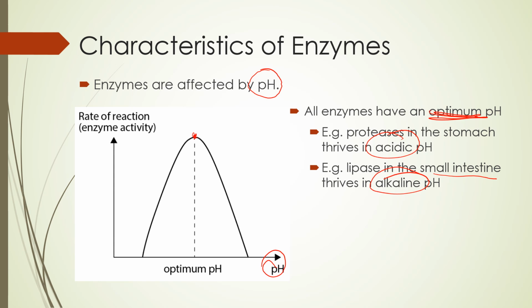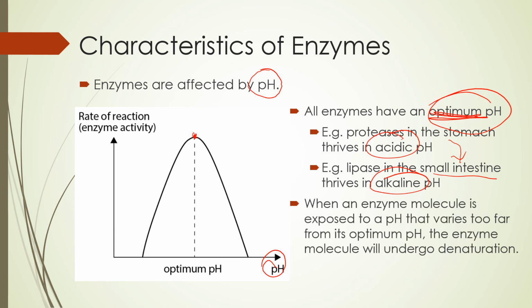If I were to take these enzymes and switch them around, they will not work because the pH is not suitable for them. If the enzyme is exposed to a pH that is too far from the optimum, the enzyme will undergo denaturation.